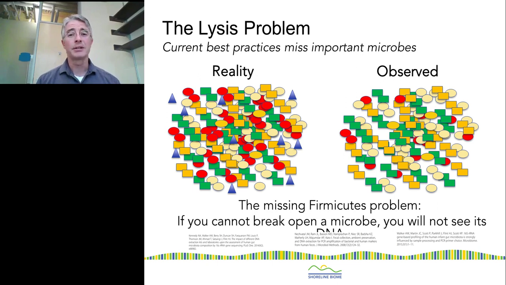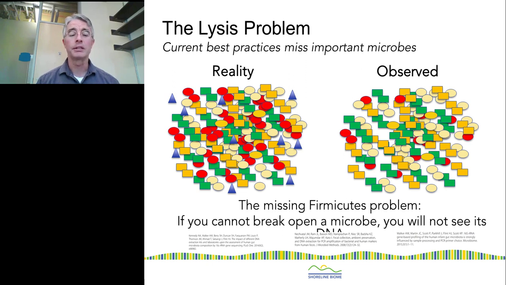But in this case, since you're scanning a diverse population, some of the most interesting bugs are the hardest to crack. If you're looking at gram-positive Firmicutes, and you're looking at Clostridia, they can be really difficult to open. If you have a lysis and DNA recovery technique that doesn't open the tough bugs, sometimes these are the most interesting ones, and they'll be missing or greatly diminished in your final data set.